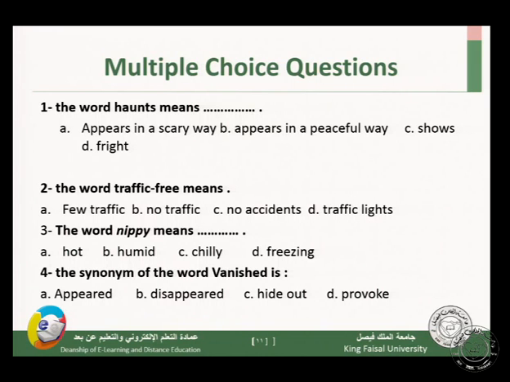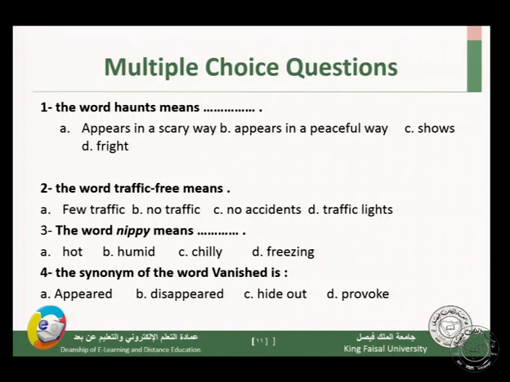Chilly means there's a breeze, there's a wind, and it's a little bit cold. D means freezing, so really cold. And as I said to you, it's just a simple cold. So C, chilly, is the right answer. So the word nippy means C, chilly.